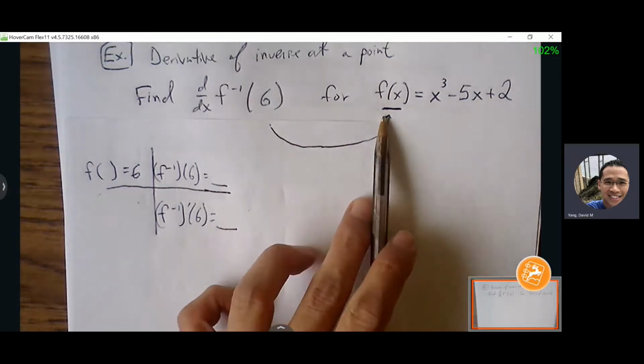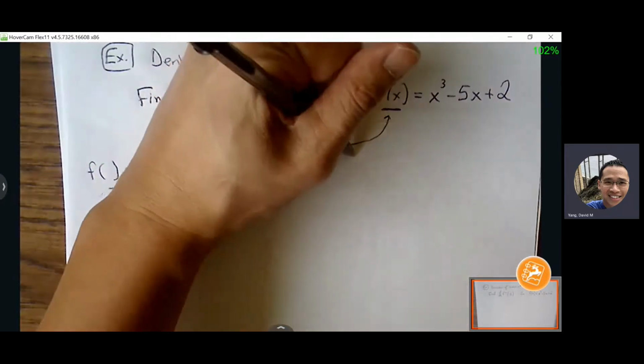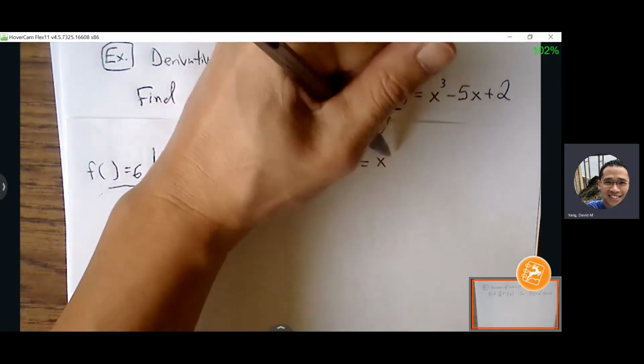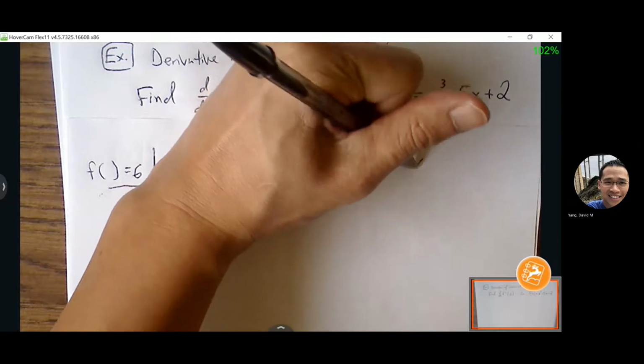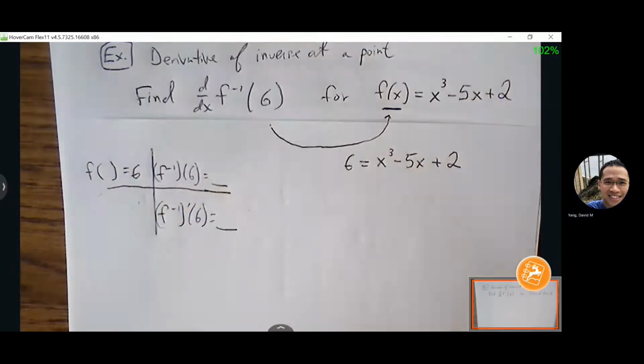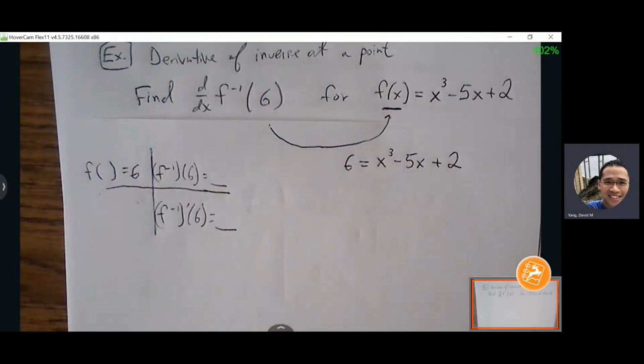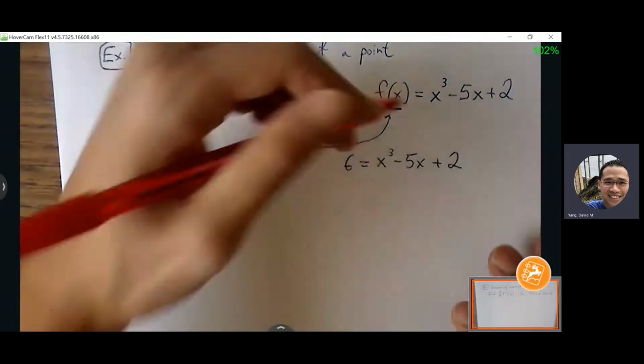So we know the 6 is going to go in for the y. Okay, we know that this is not going to be factorable. We'll bring everything over to one side, set equal to 0.